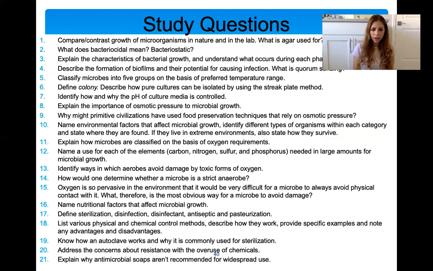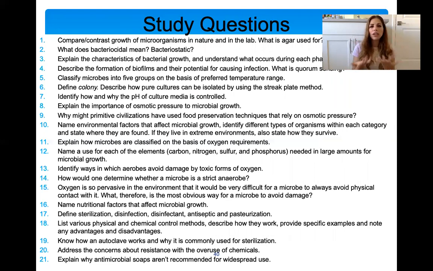So here are the study questions for you. Basically we started off this lecture talking about bacterial growth, about biofilms versus planktonic cells and what quorum sensing is. Then we talked about growth curves, and remember the 4 phases of bacterial growth curve is log phase, stationary phase, and death phase. And then we talked about what's important for microbes to grow, so temperature requirements, salt requirements, pH requirements, nutrient requirements.